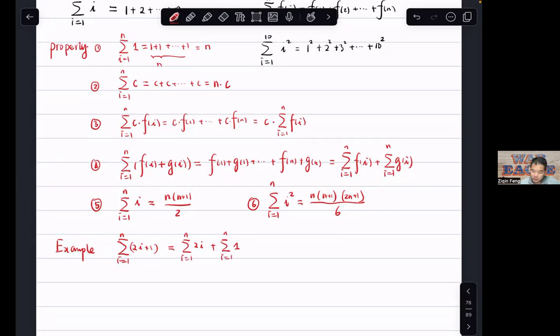The second term is just n. For the first term, apply property 3: 2 times summation i from 1 to n of i, plus n. So this is 2 times (n plus 1) over 2, then plus n. So this is a good way to get a new representation of such a big summation.